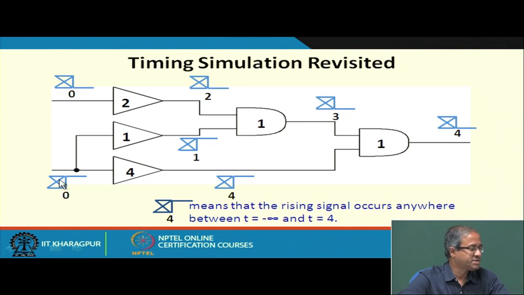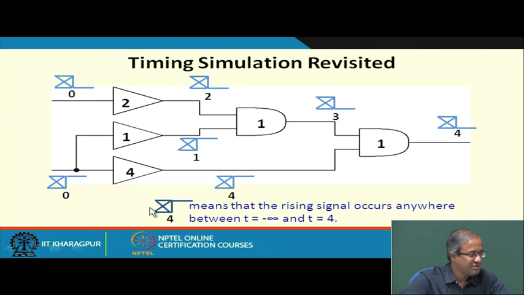We are using some special logic value called X. This notation where the transition is taking place at time 4, this means that this rising edge can occur anywhere between t equal to minus infinity and 4. That means this change can occur anywhere in the past history.